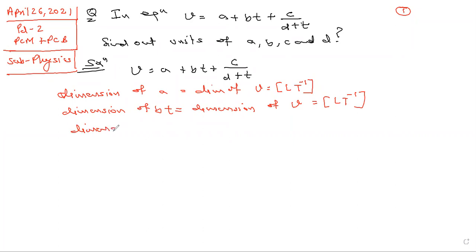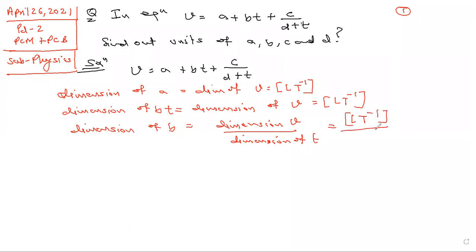So dimension of B equal to dimension of V upon dimension of T. So this is LT minus 1 upon T. So this becomes LT minus 2.